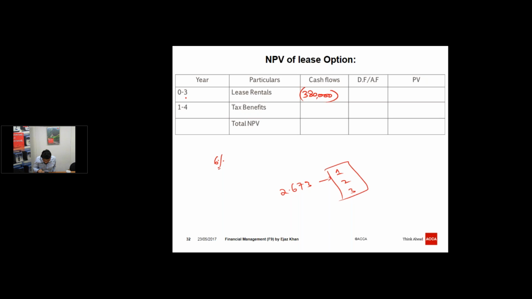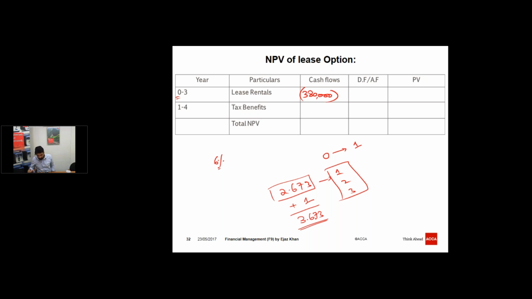But we have to pay it at point 0 as well. So our annuity starts from year 0, and this factor is for 1, 2, and 3. We know that the discount factor for year 0 is always 1. So what we have to do is add 1 for this 0 payment. So it will be 3.673.